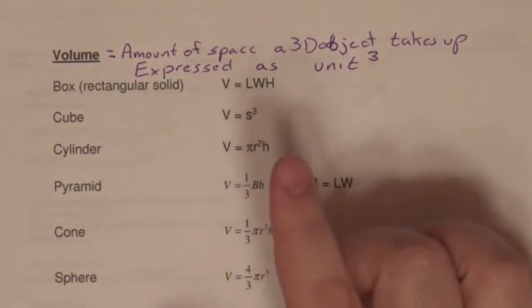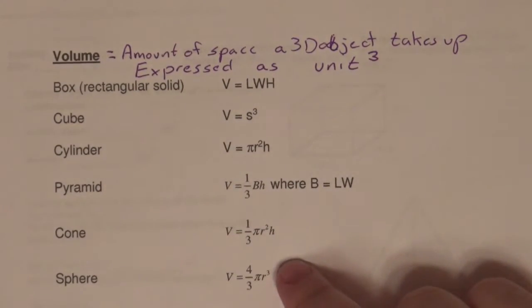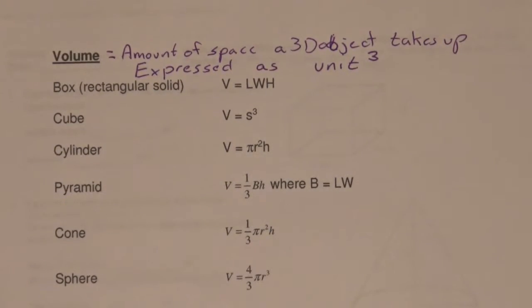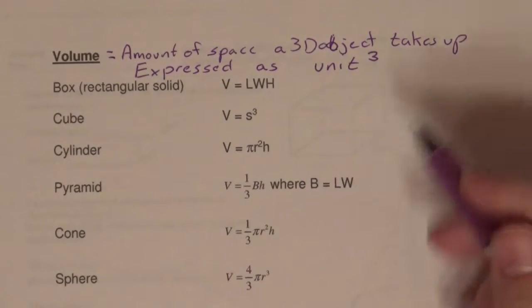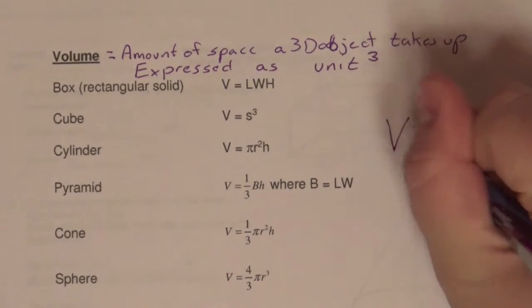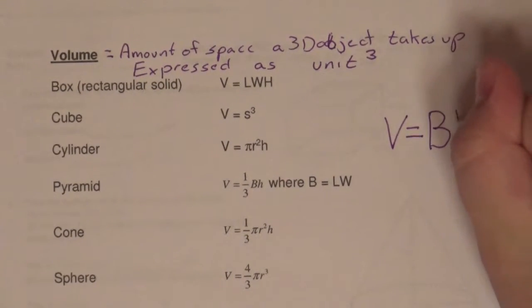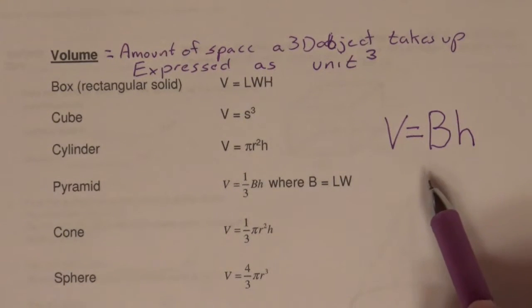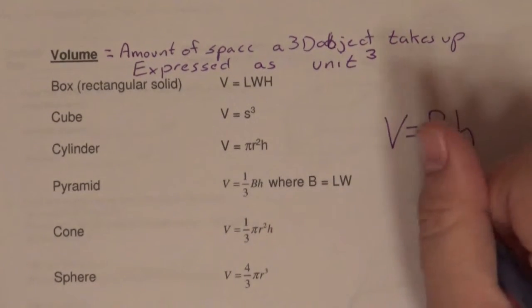Now, here's the cool part about this. Here are all your equations, the end. I will tell you this, and it is important: all of these equations that you see come from this one equation. Volume equals capital B times little h. This is not on your equation sheet, and I would suggest that you put it up there because it can help you. But what is this telling me?